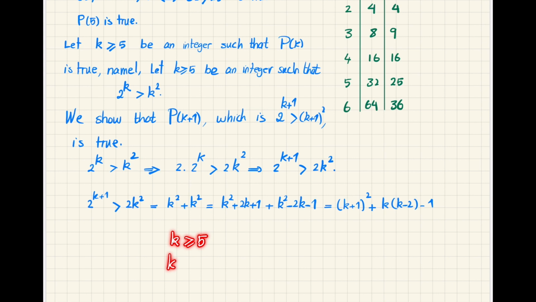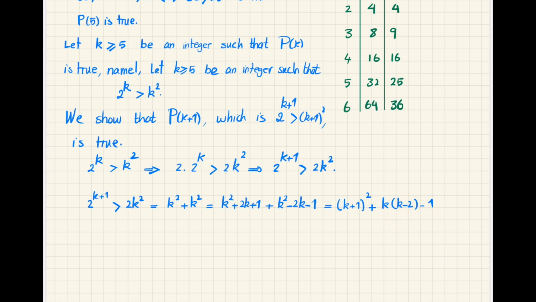So it means that k minus 2 is greater than or equal to 3. And because these are positive numbers, I can multiply them side by side. It gives me k times k minus 2 is greater than or equal to 15. So then this means that k times k minus 2 minus 1 is greater than or equal to 14. So what you see here is an integer greater than or equal to 14.